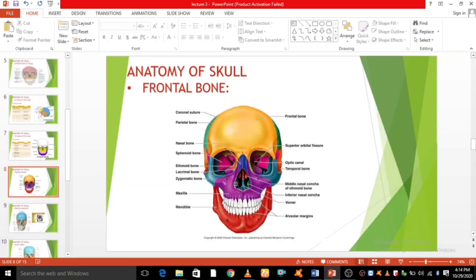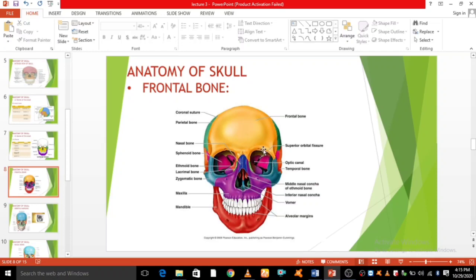Now look at the frontal bone. This one is the frontal bone. The frontal bone may connect with several other bone in the skull. The anterior part of the bone articulate with the nasal bone and prefrontal bone. The posterior part of the bone articulate with the postorbital bone.